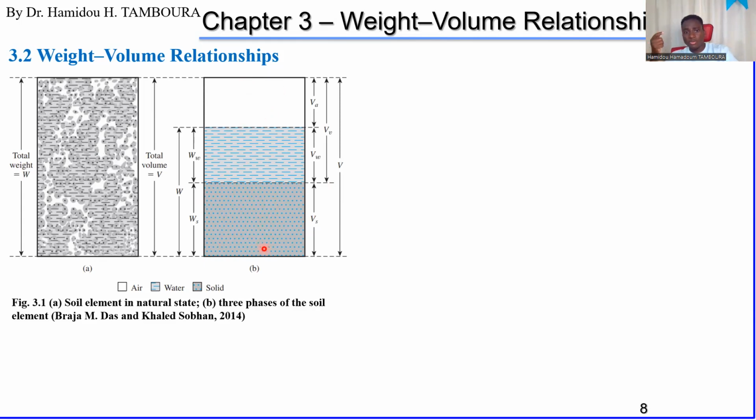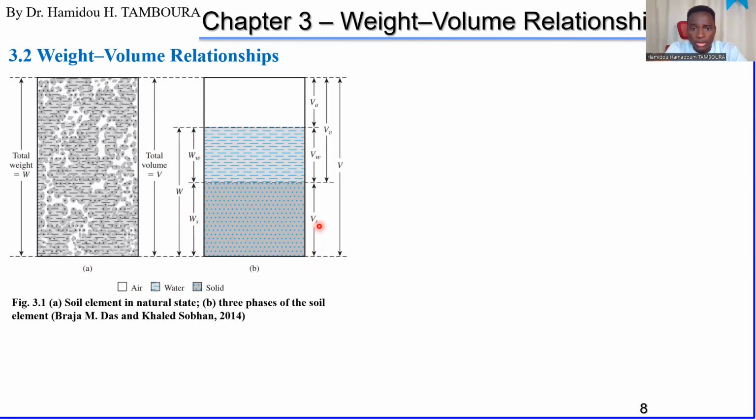If we take, for example, the solid phase of the soil mass, which is only soil particles, we will have Ws, the weight of the solid phase, and Vs, the volume of the solid, where S stands for solid.